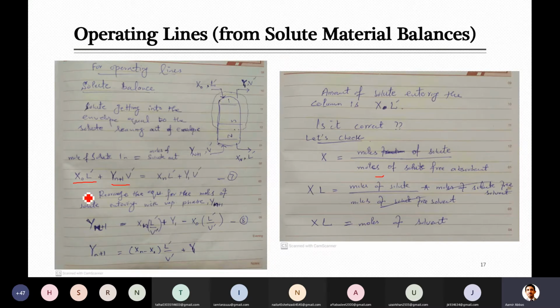So that is equal to Y capital n plus 1 multiplied by the vapor stream. Y was also moles of the solute divided by moles of solute-free gas or solute-free vapor. If I multiply that by the moles of solute-free vapor, you get the moles of solute entering the tower in the vapor stream.